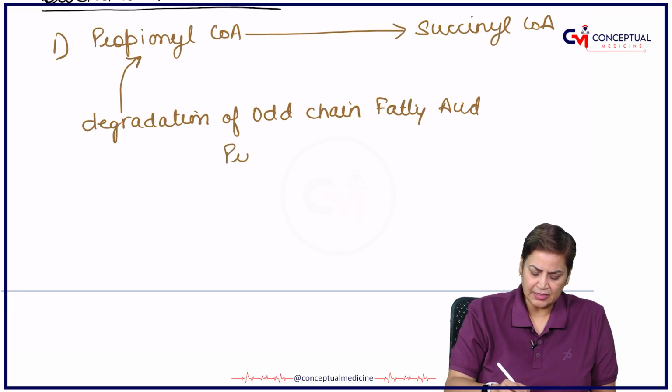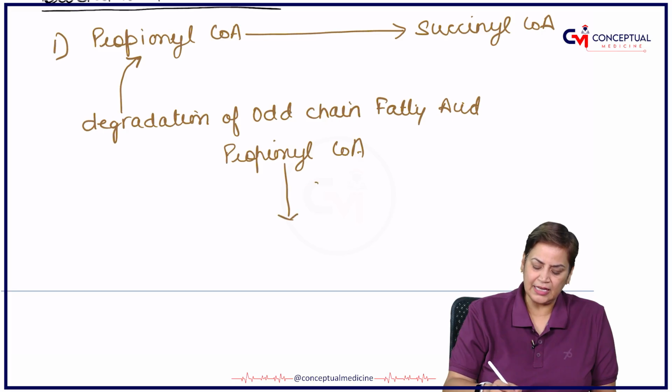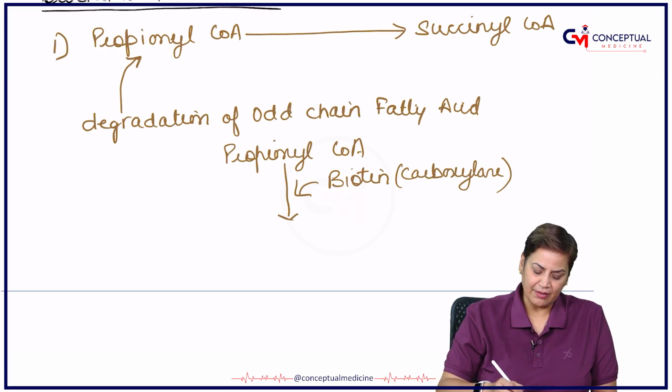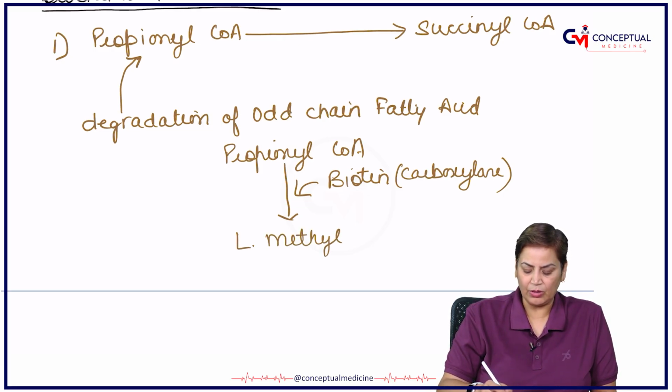So this propionyl CoA undergoes carboxylation, and we have already studied that for carboxylation we require biotin. So biotin, and the enzyme is carboxylase, and this propionyl coenzyme A is converted into L-methylmalonyl-CoA.